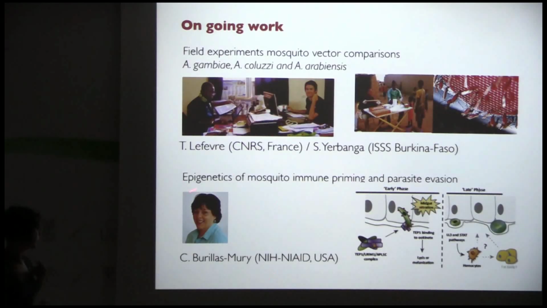And then something that is very recent, because that happened last week at the International Entomological Conference in Orlando, is a new collaboration with Carolina Barillas-Mury from the NIH in Washington.